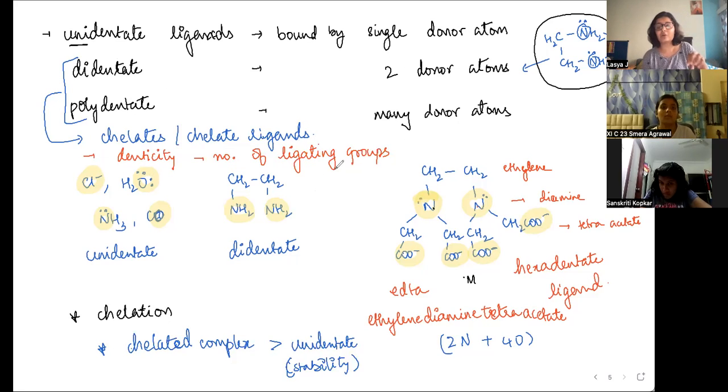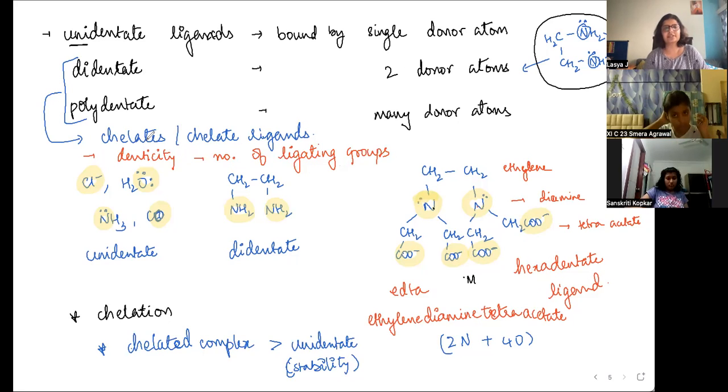Ligating groups matlab how many groups are able to act as a ligand to a central atom. Like agar didentate hai matlab iska denticity is 2 because it has 2 donor atoms. Hexadentate hai matlab iska denticity is 6 because there's 6 atoms that are capable of donating electrons. Okay. So that's denticity.